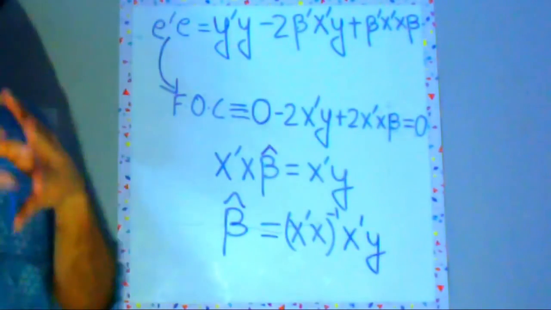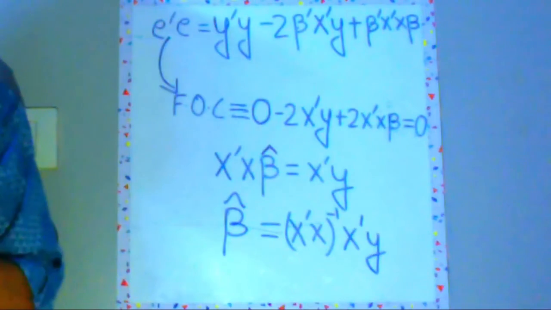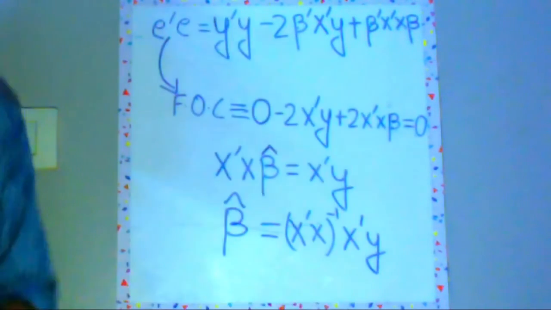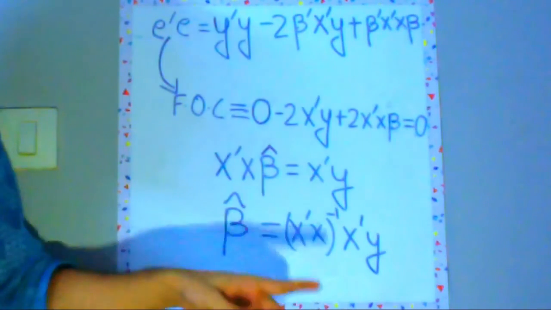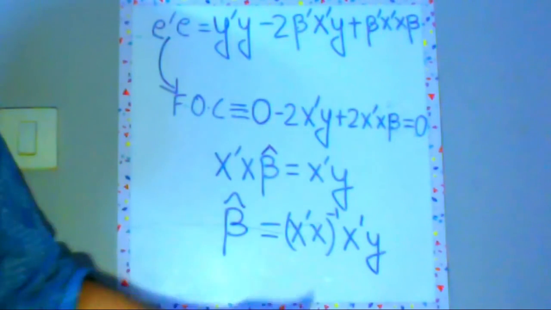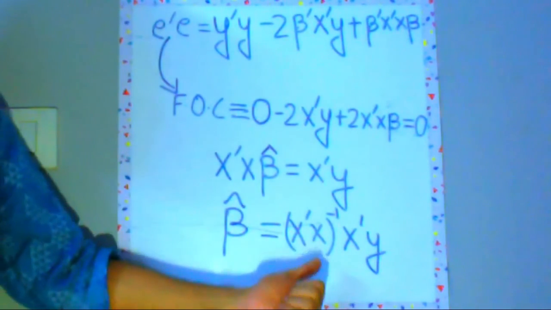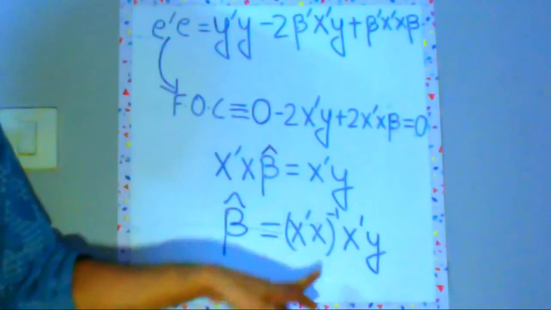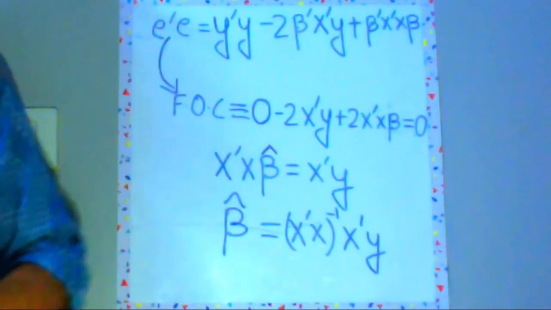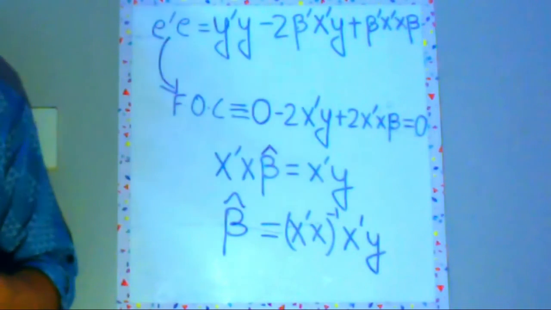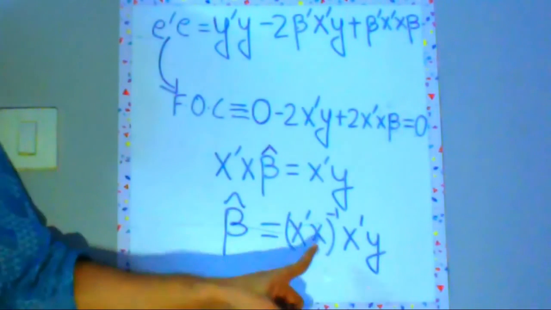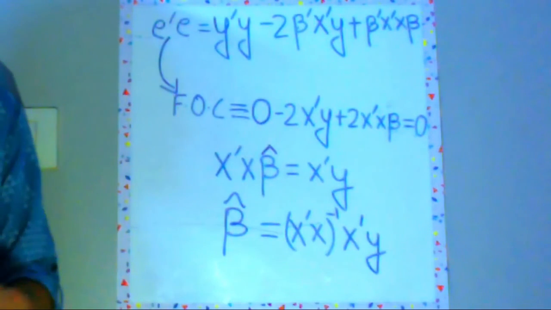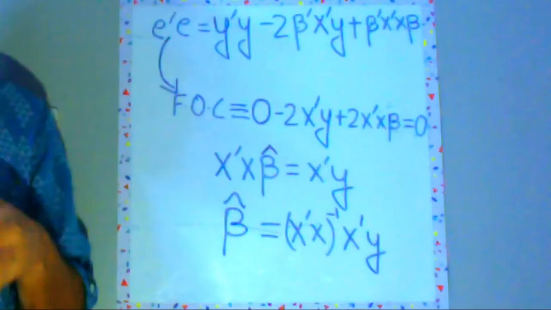Now, if you remember our assumption on the determinant of X transpose X, it had to be non-zero, and now you can understand why. If the determinant of X transpose X is zero, then you cannot find the inverse of X transpose X. And if you cannot find the inverse, then you cannot find the beta hat value or the estimate for beta.